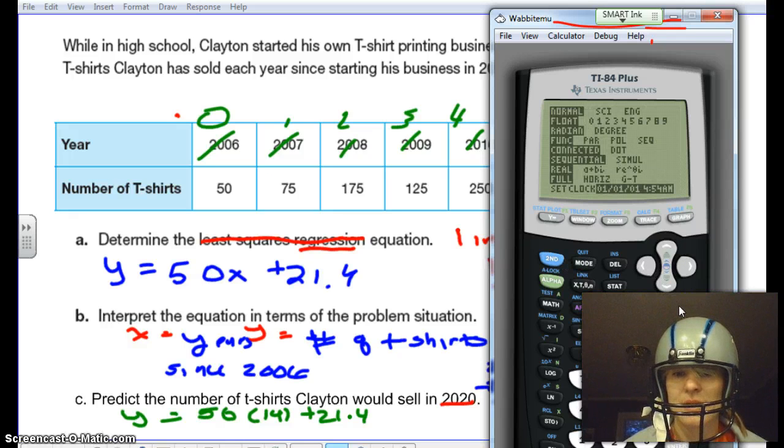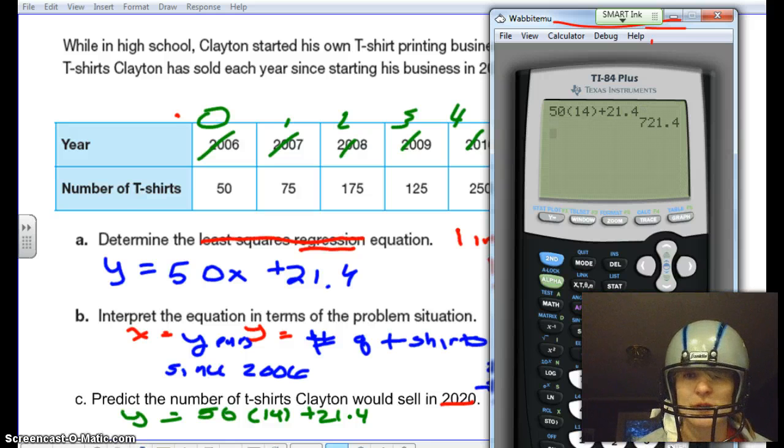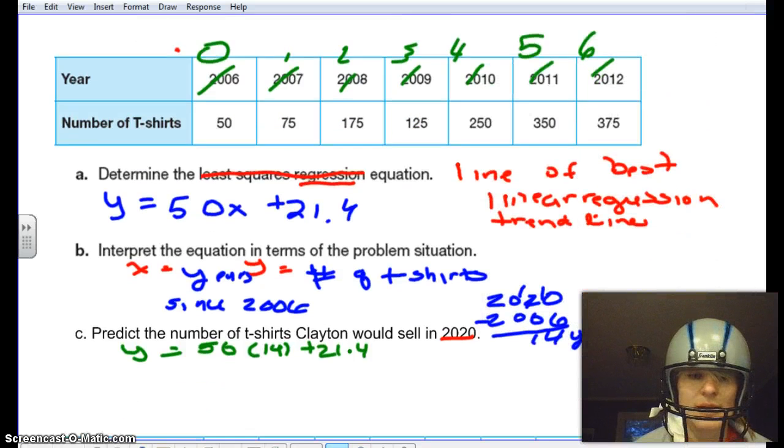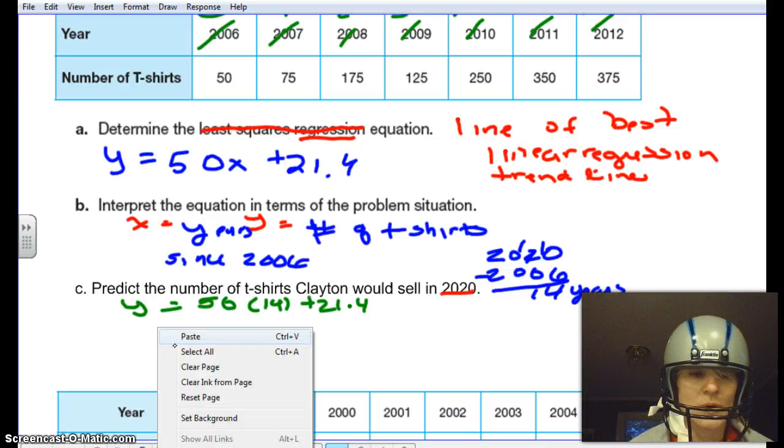All right, or I can just clear. And so we have 50, and then we want to know times 14 years plus 21.4, and that's going to give me 721.4 t-shirts.